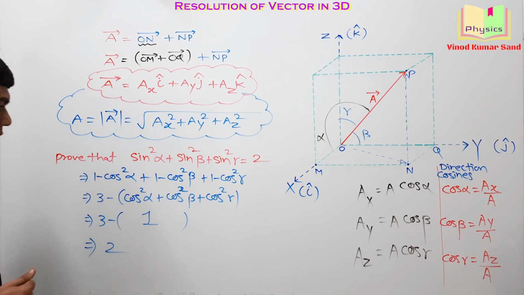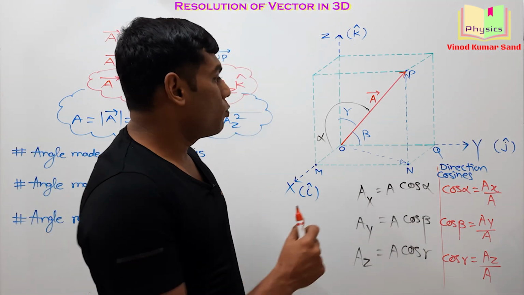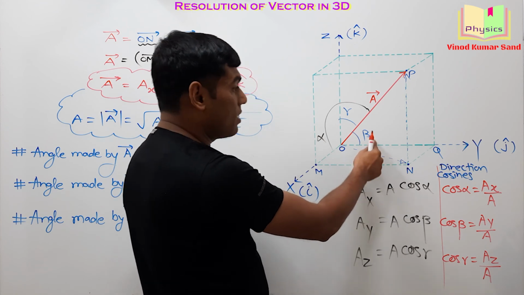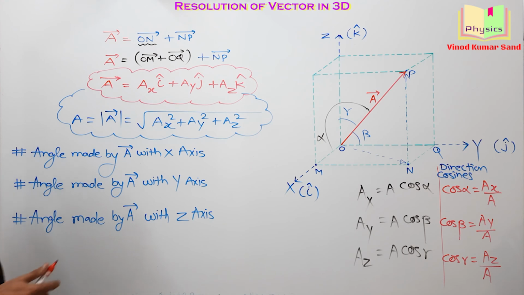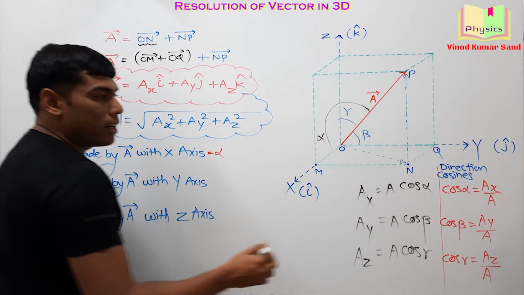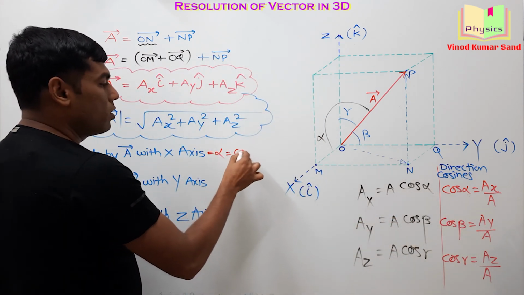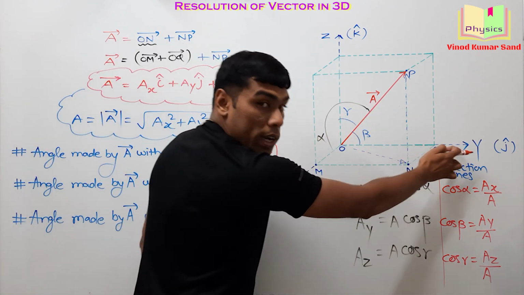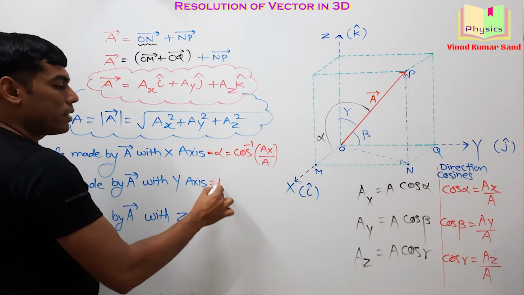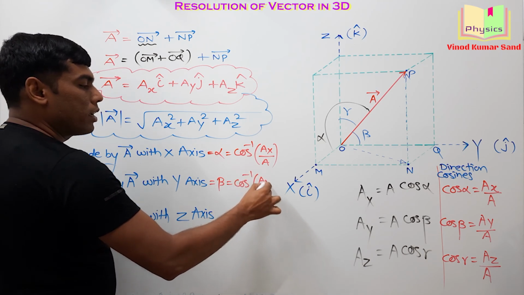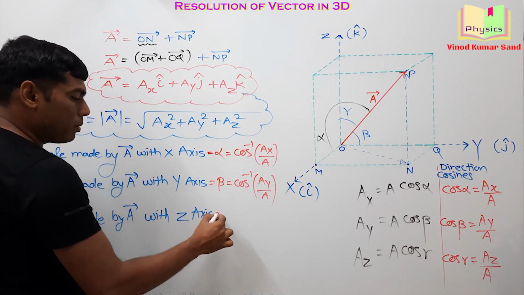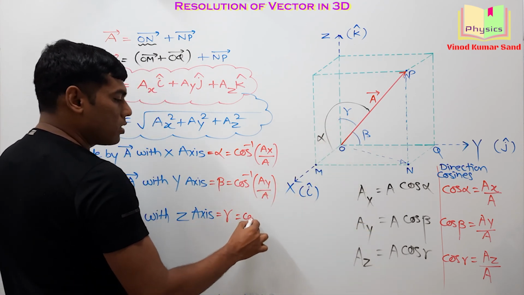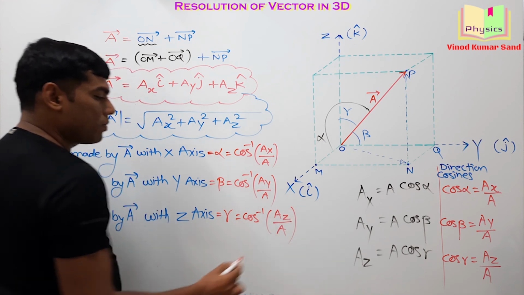Then we'll be writing a few more important points. In a few questions, we need the values of the angles made by A vector with the x-axis, the y-axis as well as the z-axis. The angle made by A vector with the x-axis has been taken as alpha, and its value is cos inverse of AX by A. Similarly, the angle made with the y-axis is beta, equal to cos inverse of AY by A. And the angle made with the z-axis is gamma, equal to cos inverse of AZ by A. Done.